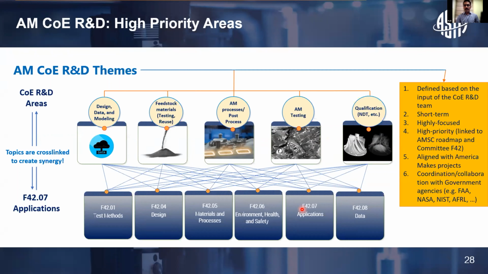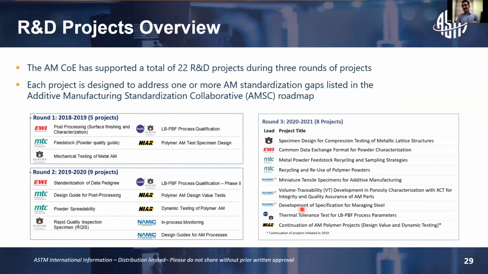Now, here you can see the research that we have done so far. Why I'm putting this particular information here is that you can see the different research titles here. All these research titles are based on the standard gaps analyzed by America Makes, in something like the Additive Manufacturing Standardization Collaborative roadmap, the AMSC roadmap.